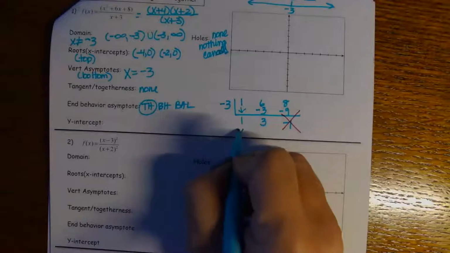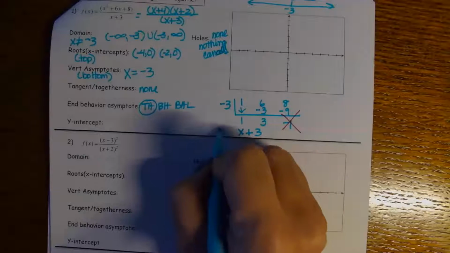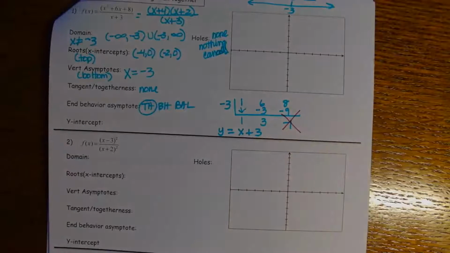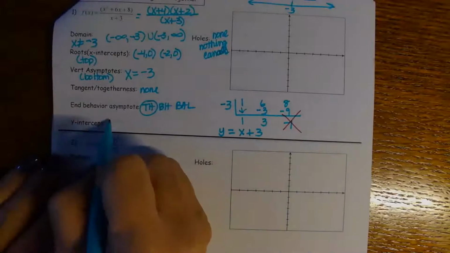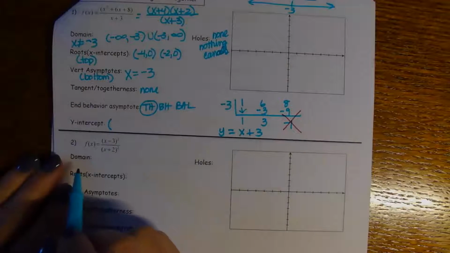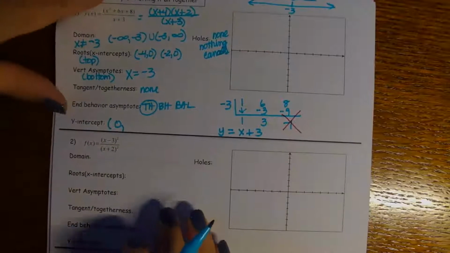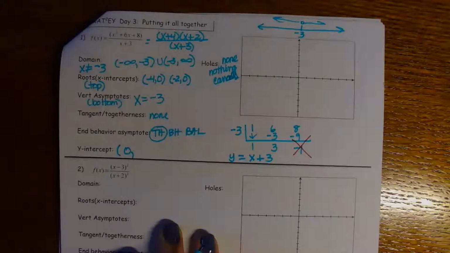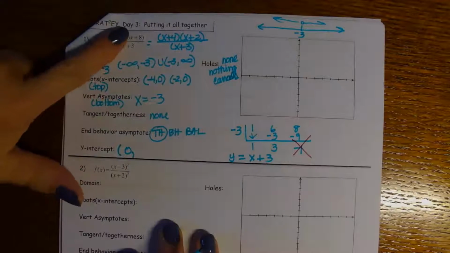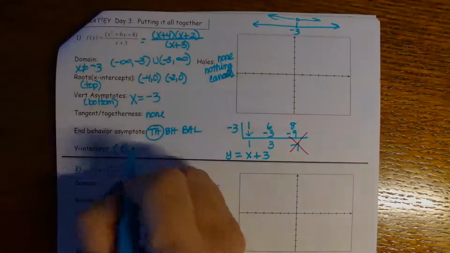So it's what? 1x plus 3, and it's y equals. And then what's the y-intercept? You plug 0 in for x. What do you get if you plug 0 in for x? Sometimes I think it's easier to go back to your original instead of the factored part. And if I cover up everything with an x, it's 8/3.